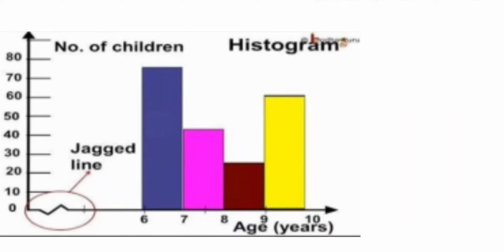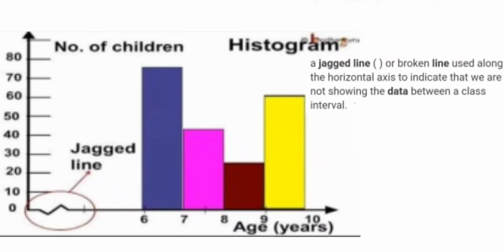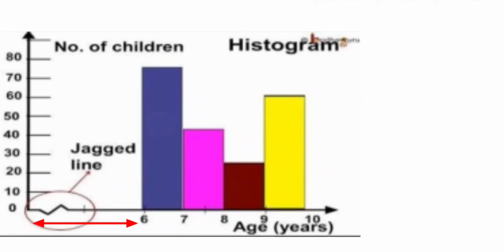And the jagged line is used in a histogram when we don't have the information. In this example, the x-axis shows age. For 0 to 5 years of age there are no children, so we can use a jagged line here.